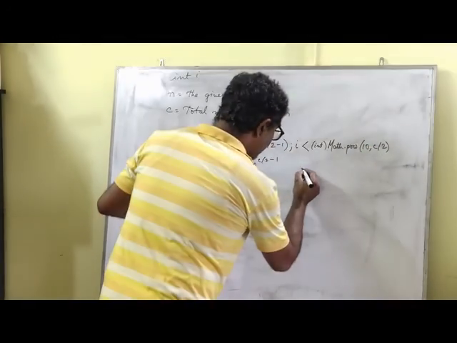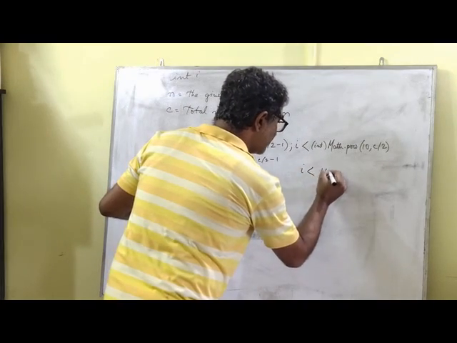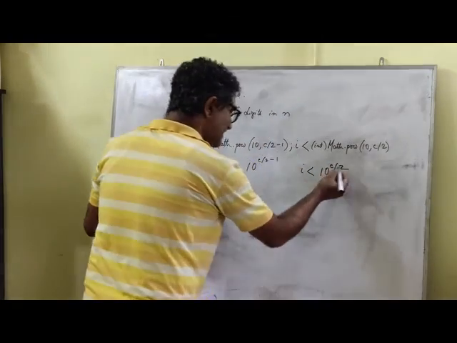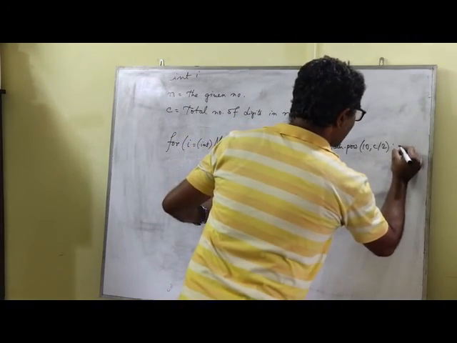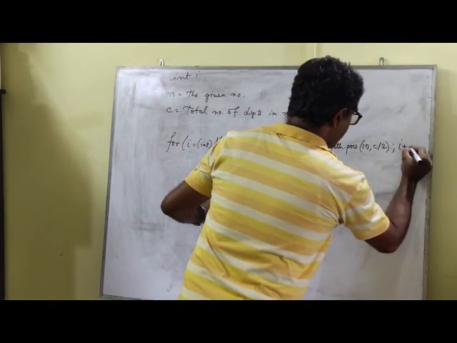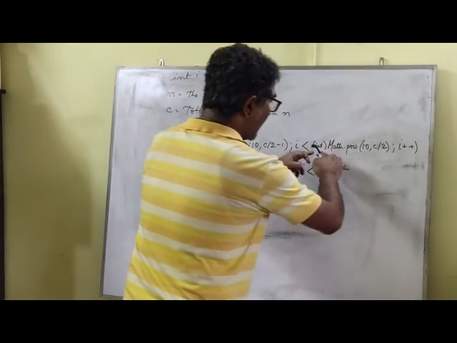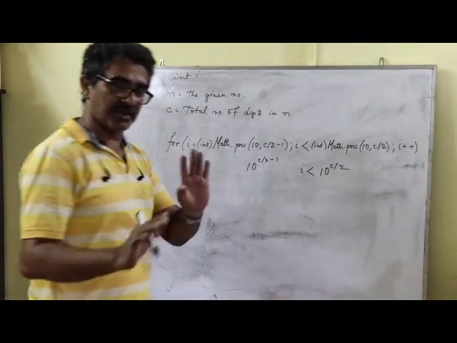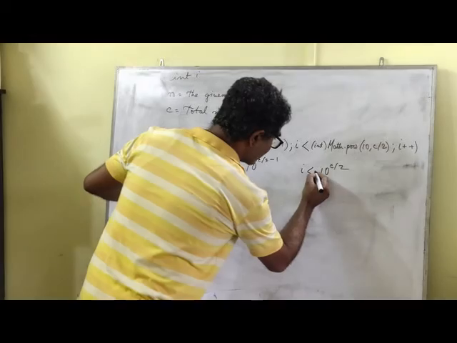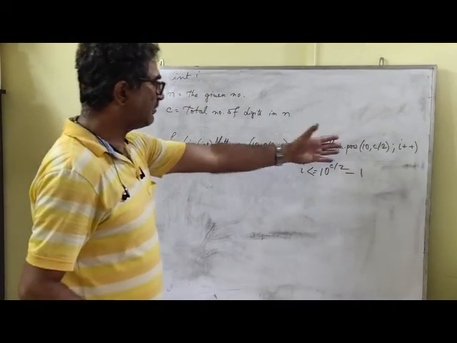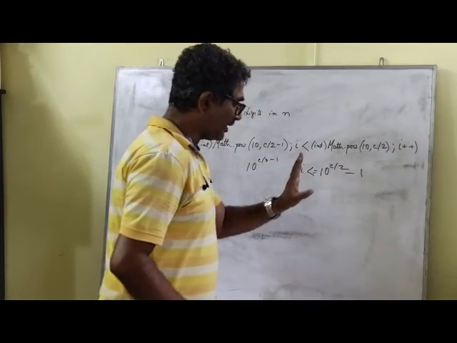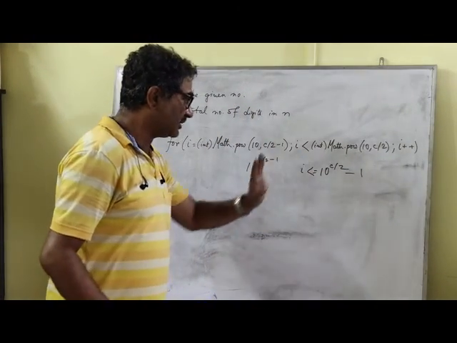So it will go till i is less than 10 to the power of c by 2, that means 1 less than 10 to the power of c by 2, because I have written less than. And i plus plus. Of course, you can write less than or equal to, and you can write this entire thing minus 1 also. Even that will be applicable, but this will be perhaps smaller in size. The efficiency is still the same.